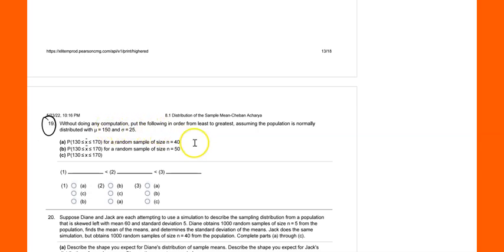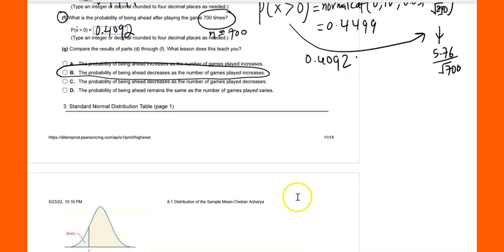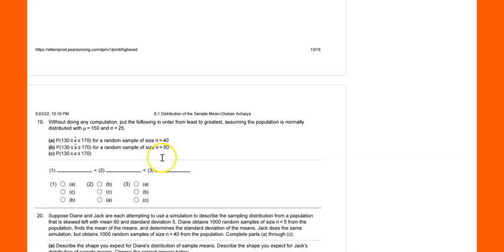And the question is, they give you 3 options here, A, B, C. Question number 19. Without doing any computation, put the following in order from the least to greatest. Therefore, this goes to greatest here, and this goes to number 1, the least.